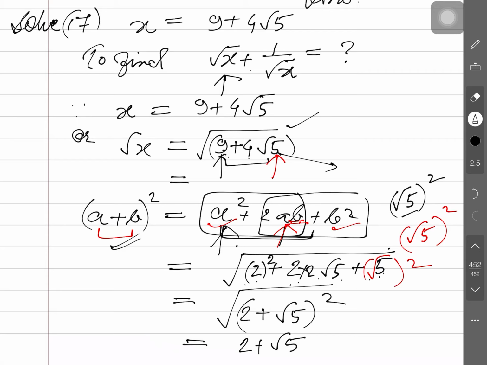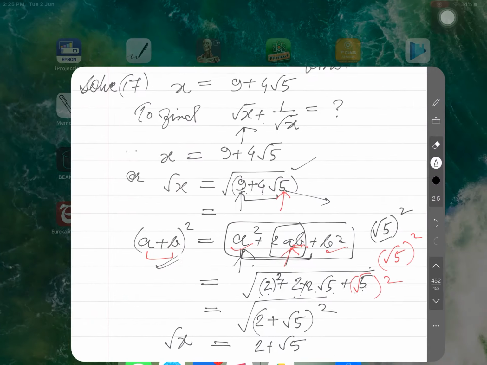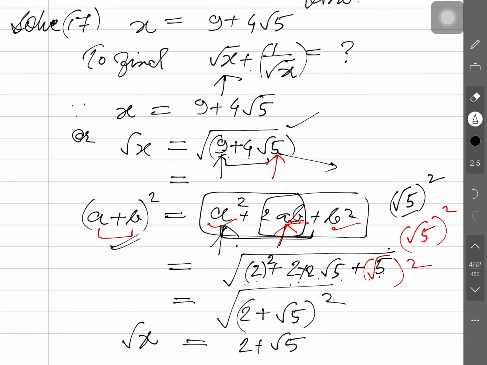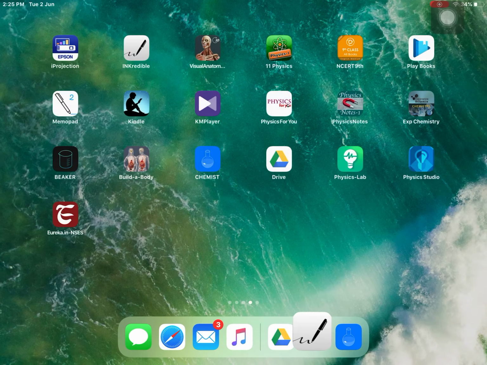Okay, this is root x. You understand this? So root x we brought here, root x is this. So what we have to find out? Please go back. We have to find out 1 by root x also. So root x is 2 plus root 5.